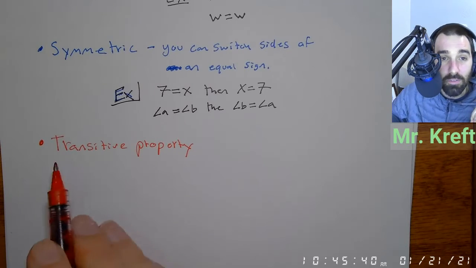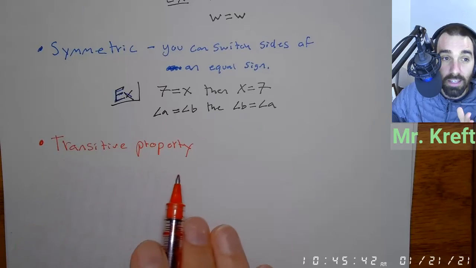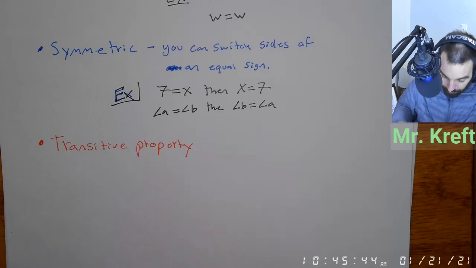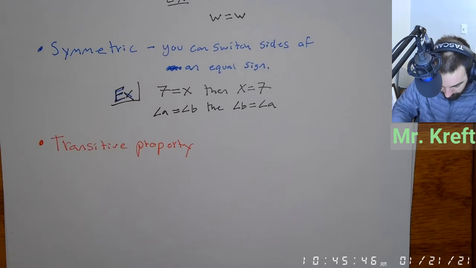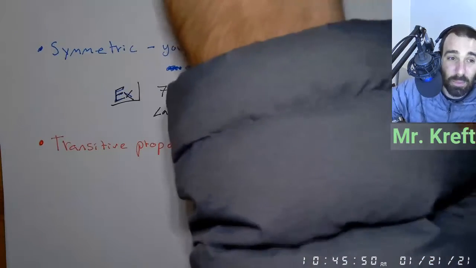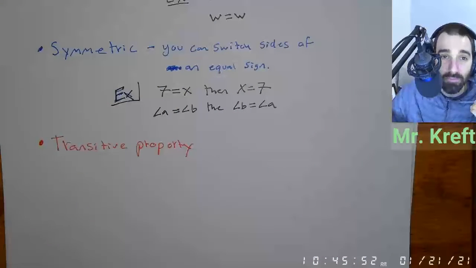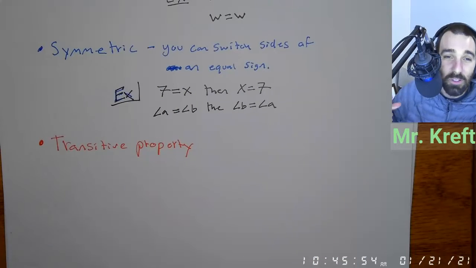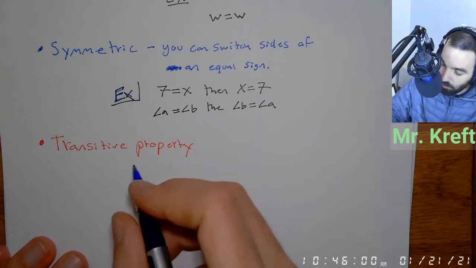One way people like to think of it is the law of syllogism is basically transitive property. I just want to double check how they say it in the book. Yeah, it's basically the law of syllogism used in application. So rather than saying law of syllogism, we say transitive property.